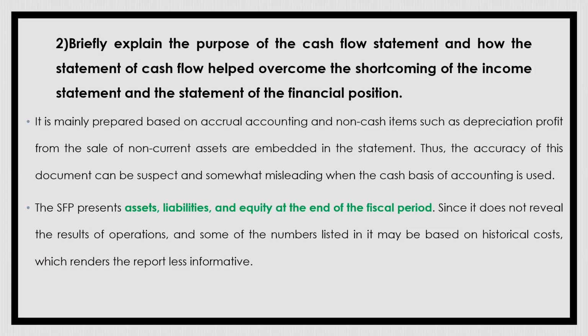On that date, what is the balance of the assets, liabilities, and equity is represented in the statement of financial position. Since it does not reflect the result of the operations and some numbers listed may be based on historical cost, we know that this statement does not reflect the operations.